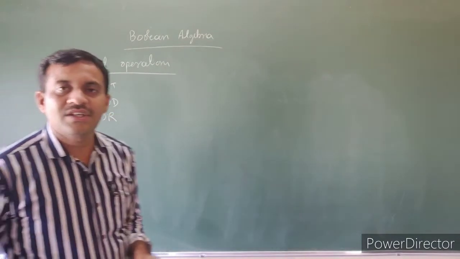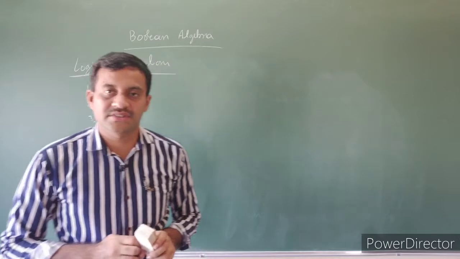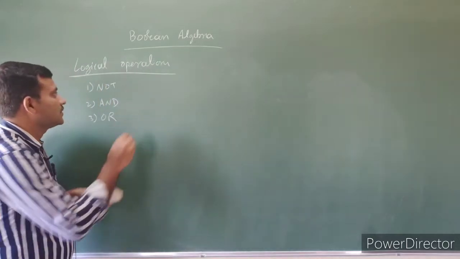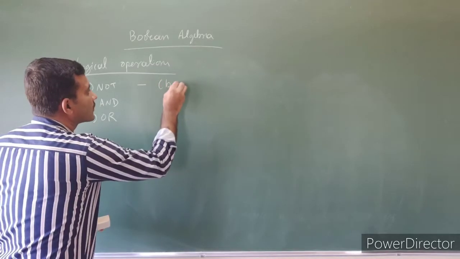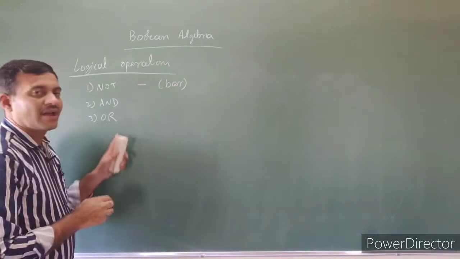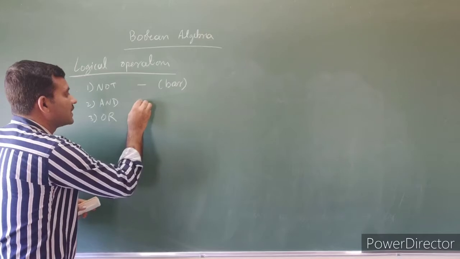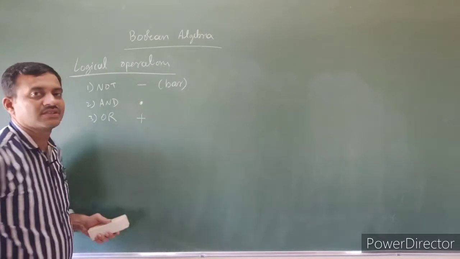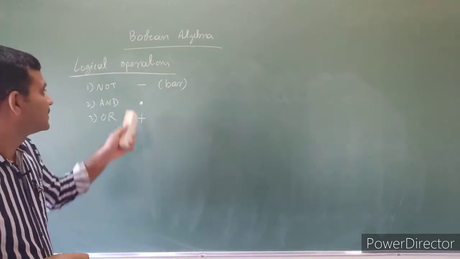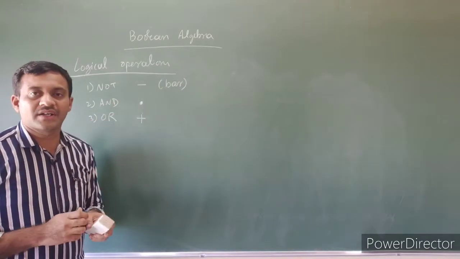The symbol for not is a bar, an over bar. The and operator symbol is dot. The or operator symbol is plus. So these are the 3 logical operators.